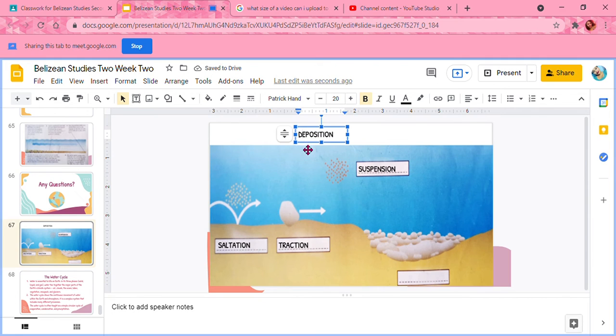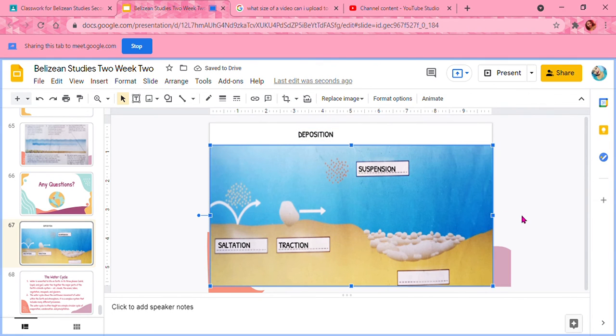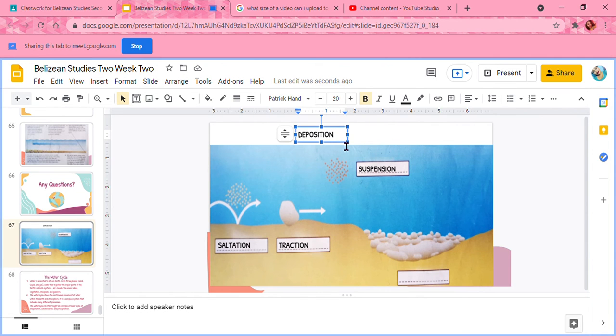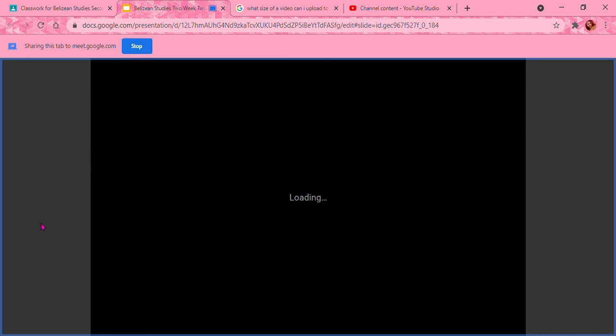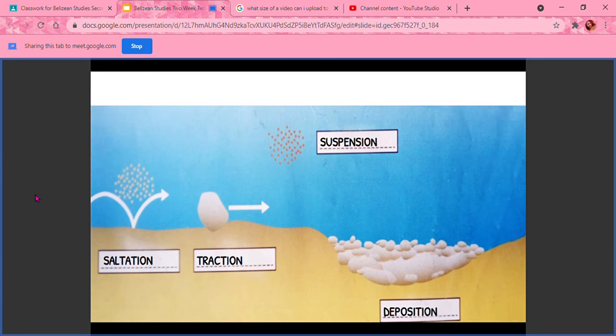And then now, what do we call when the particles or the rocks or whatever just settle at the bottom of the riverbed? We call that deposition. Alright? And there we go. We have labeled the diagram.